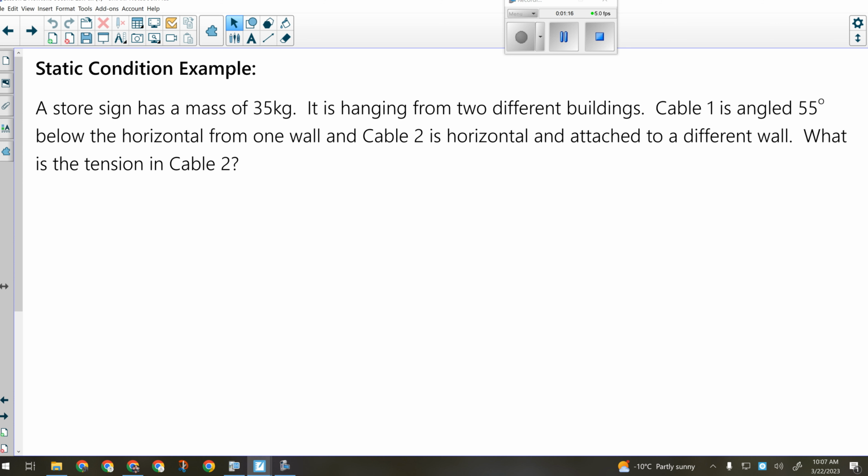That's why the object is static. All the forces add up to zero. And when we say all the forces, this could be vector related. The vector sum of those forces is zero. So we could be dealing with some vertical and horizontal component kind of situations.